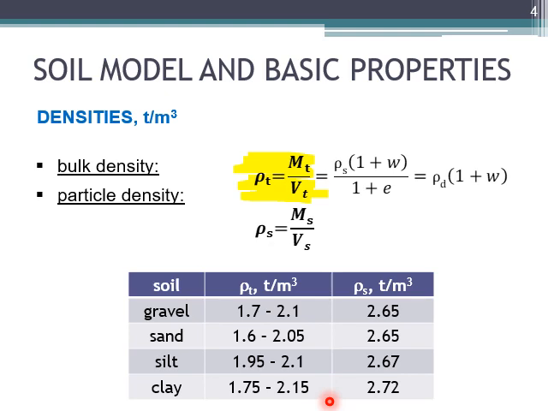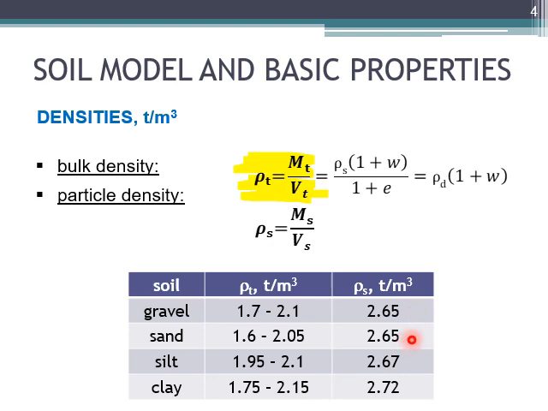Now, let's look at the particle density values: 2.65, 2.65, 2.67, 2.72. You can notice that the range of values here is much smaller, and the particle densities of gravel and sand are the same, 2.65.